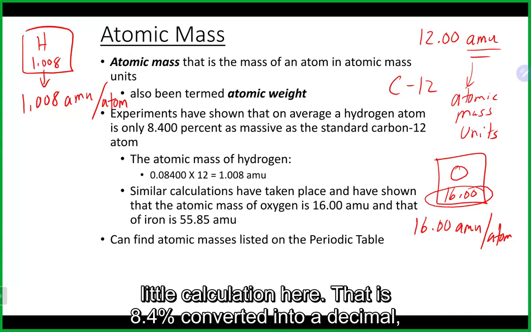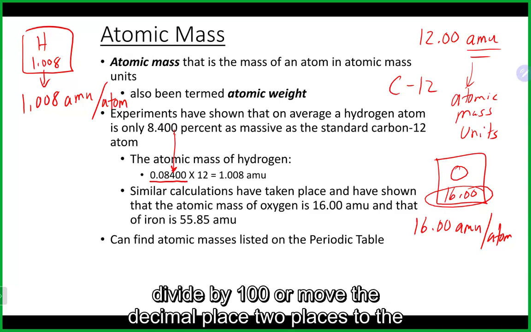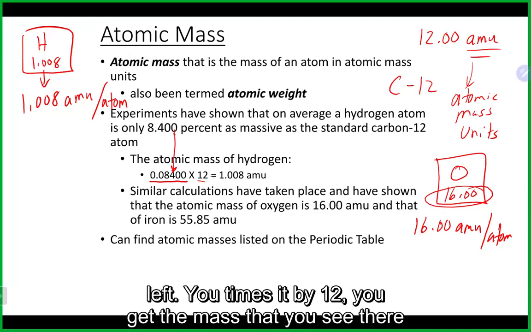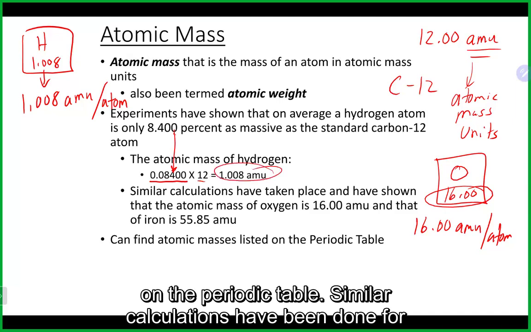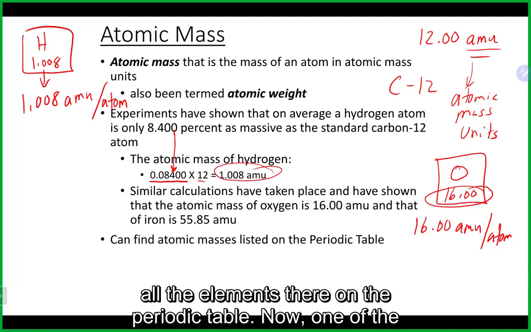So they do a little calculation here. Convert 8.4% into a decimal, divide by 100, or move the decimal place 2 places to the left. You multiply it by 12, and you get the mass that you see on the periodic table. Similar calculations have been done for all the elements on the periodic table.